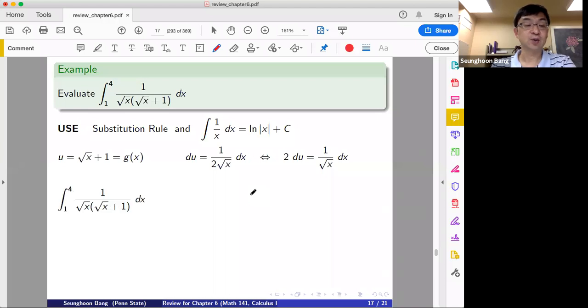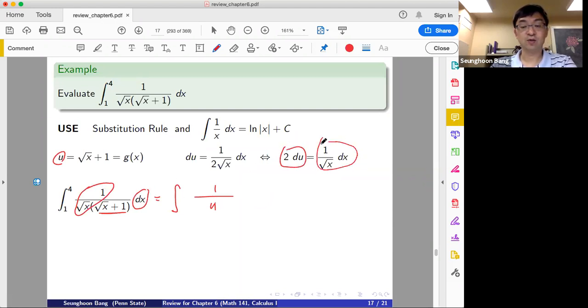Next, substitute. How can you do that? The root x plus 1 is here u. The 1 over root x dx is 2 du. Here is right, 2 du. One more, you can change the lower limit and upper limit by using this relation g of x. You plug 1 into here, g of 1.